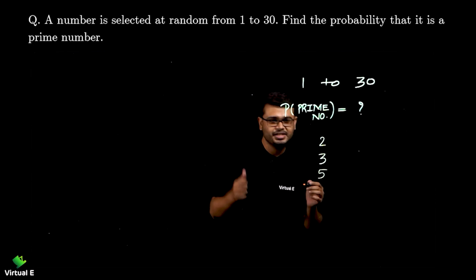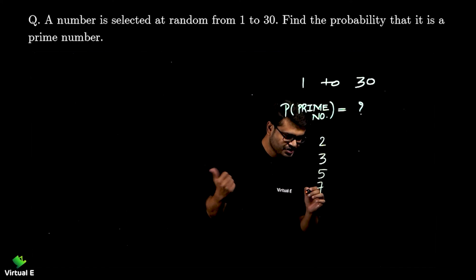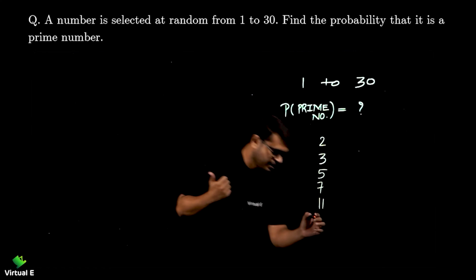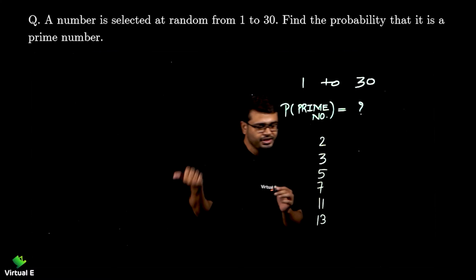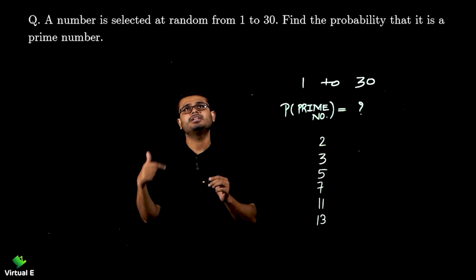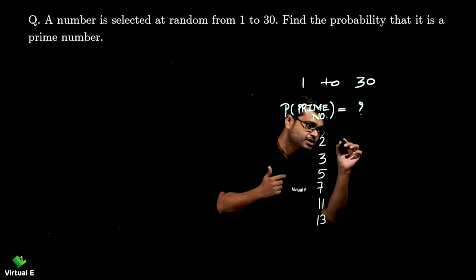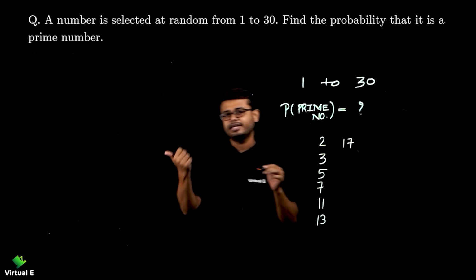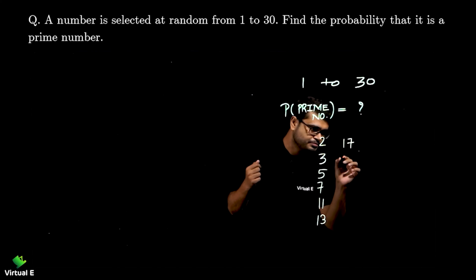Yes. 6 is there. 7. Yes, 8 is coming, 9 is coming, 10 is coming, 11 it is not coming in any table, 12 is coming, 13 is not coming, right? Then 14 is coming, 15 is coming, 16, then 17, yes. Then 18 is coming, and 19, yes.